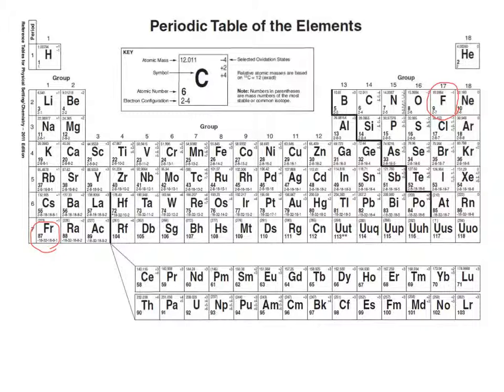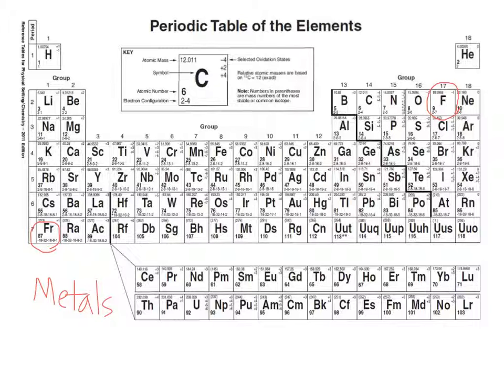The only other thing that I want you guys to be familiar with right now is the metals, the nonmetals, and the metalloids. So most of the elements in the periodic table are our metals. Where are those in the periodic table?